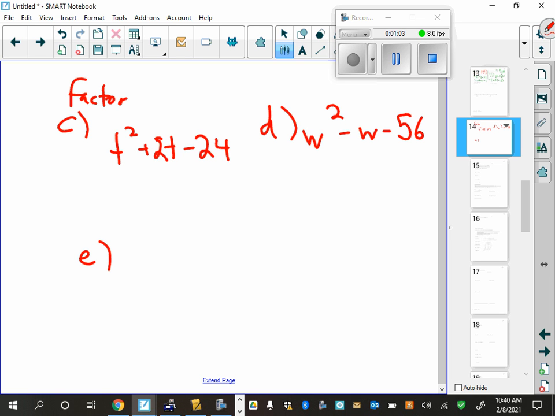They start with x squared, so find the 2 numbers and put them in the brackets. Don't forget your equal signs. Here's the one that will challenge you, and that's all I'm going to say. So do your best with E, figure it out, and there you go. We'll give you 5 minutes to do these guys. I'd say 6 or 7 minutes.